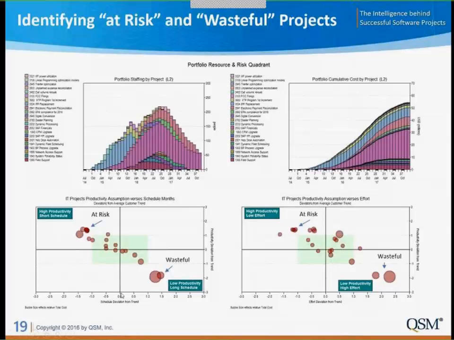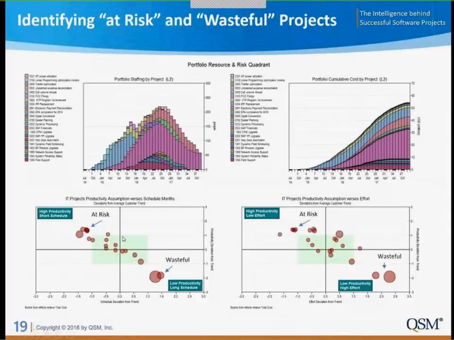On the schedule, I'm looking in terms of standard deviations from the trend lines that I showed you earlier. So right here in the center, I'm on the average of the trend line for schedule. If I move in this direction, I'm going shorter time, and in this direction, I'm going longer time. And likewise, over here, I've got a productivity trend line, and this is the average productivity from the data set. And this is assuming higher productivity up here and lower productivity over here.